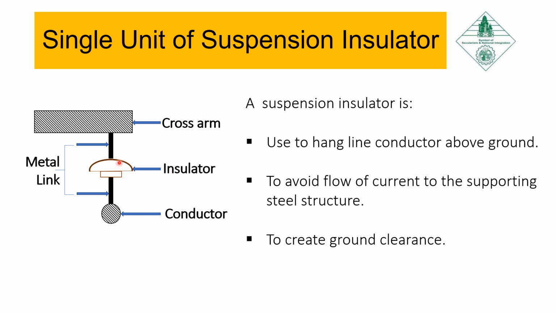This assembly is fixed to a supporting structure made of steel, known as steel pole or steel tower. This is used to hang the line conductor above the ground level to create ground clearance and also to avoid flow of current from the conductor to the supporting structure.